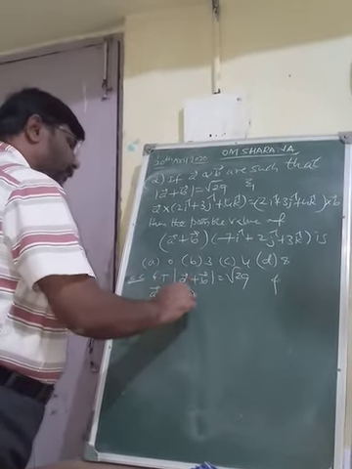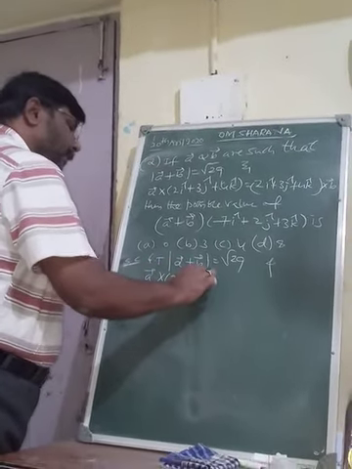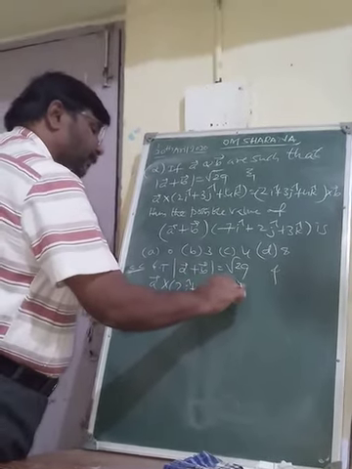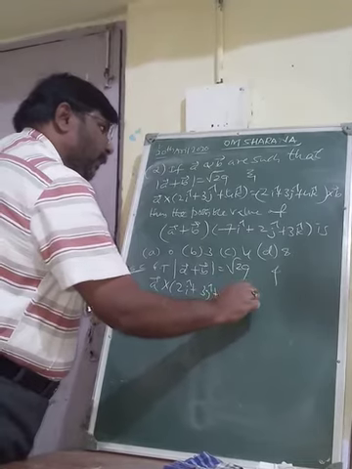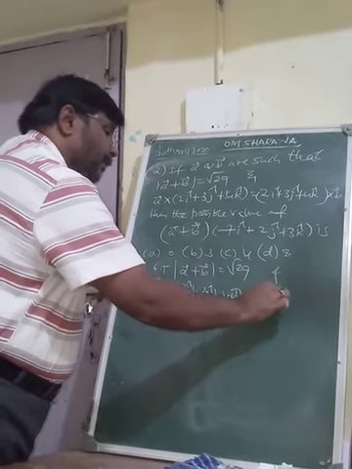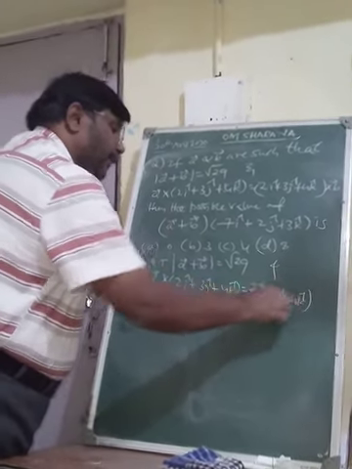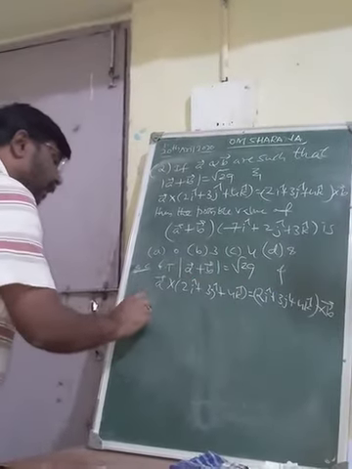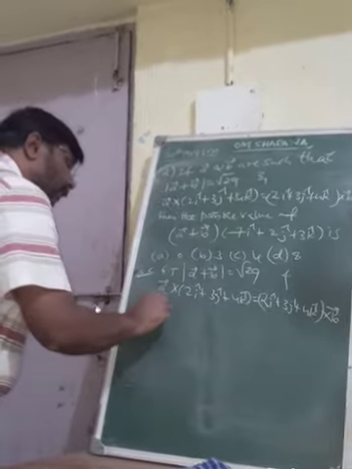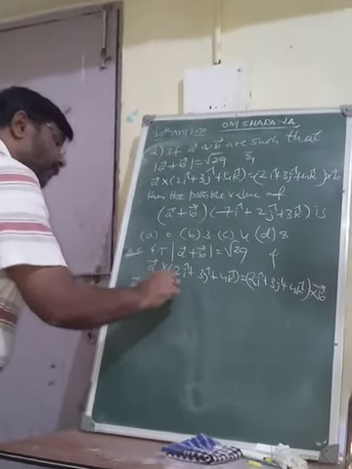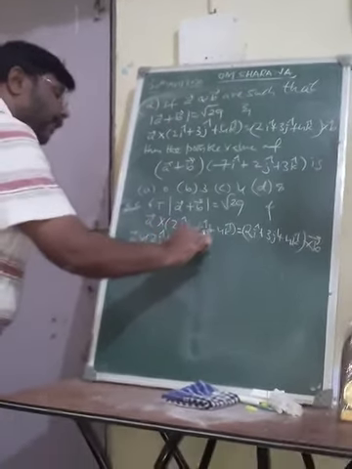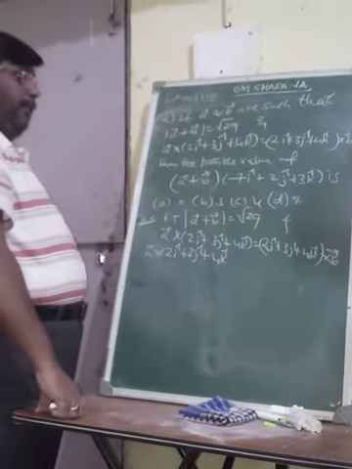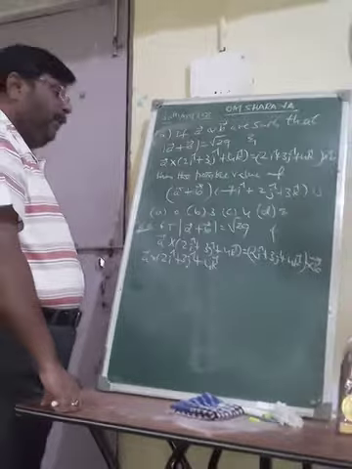A cross 2i cap plus 3j cap plus 4k cap is equal to 2i cap plus 3j cap plus 4k cap cross B. You know, the cross product of the two vectors is not commutative.